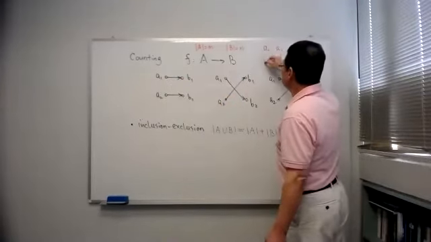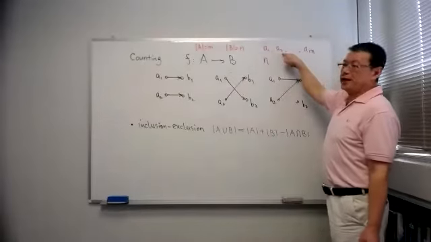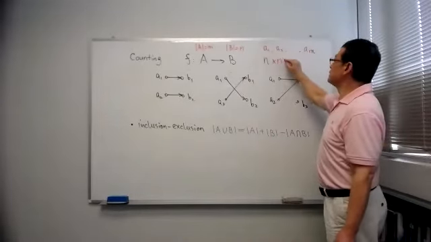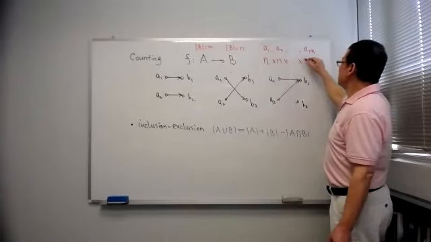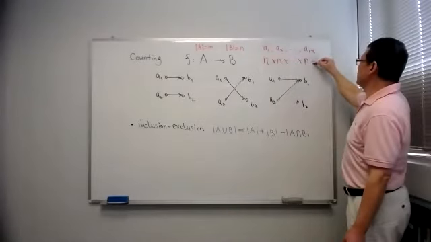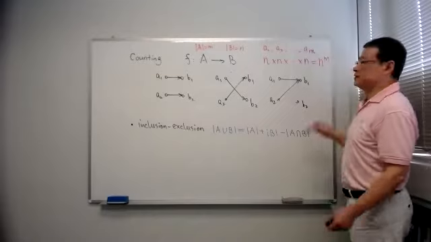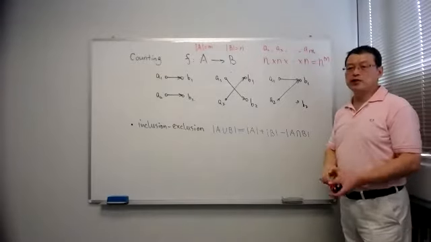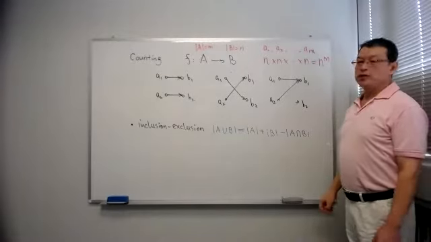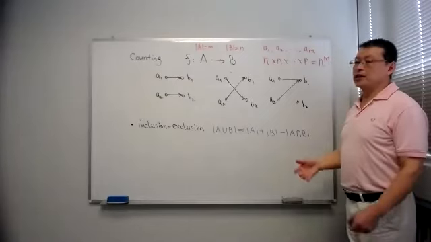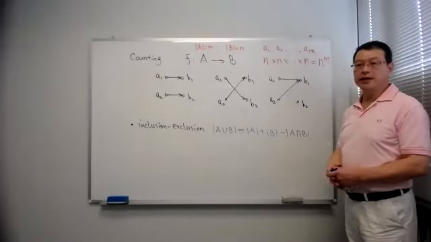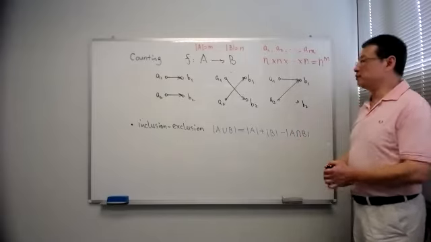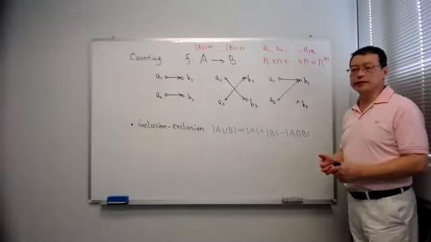So there will be n of them. Similarly, for A2, there are n possibilities. So that gives us n to the power m. So that's the total number of different functions from a set with m elements to a set with n elements. Here I've given you some examples of using the sum and product rules.